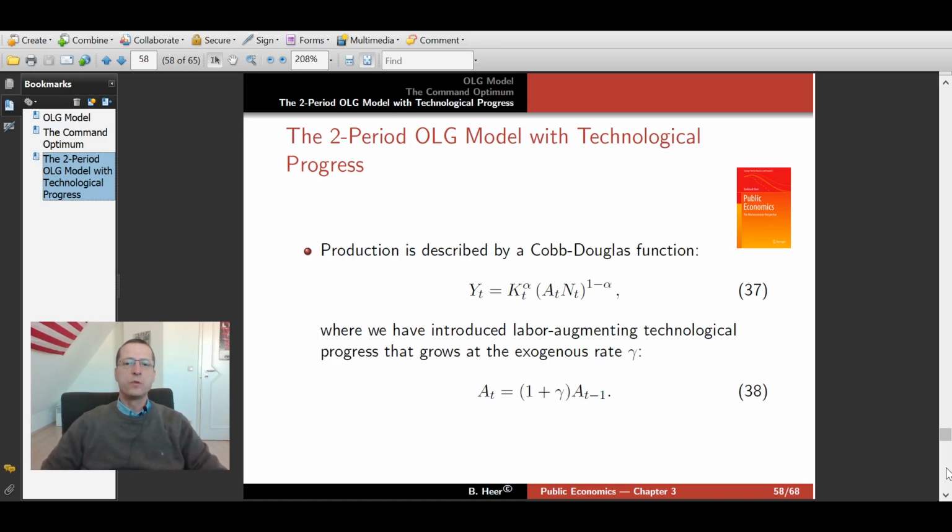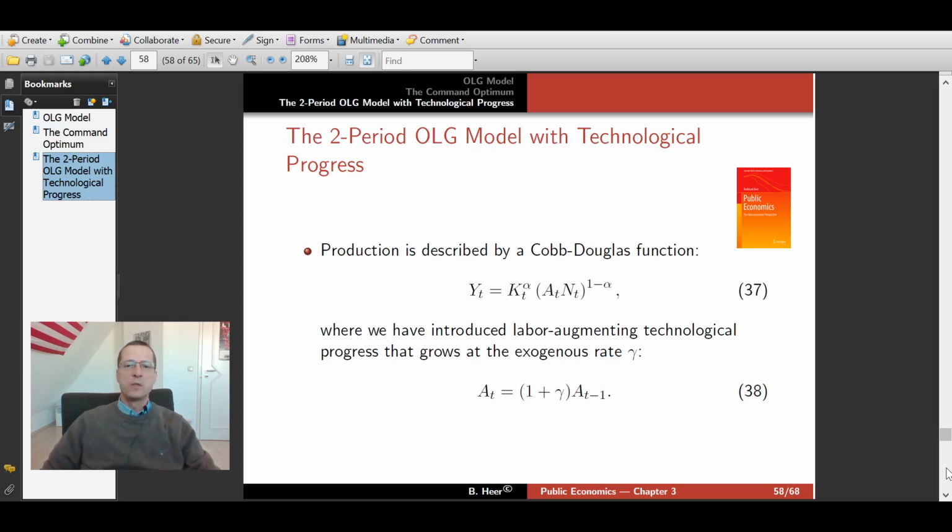Now we introduce exogenous technological progress, in the form of labor augmenting technological progress, so that our labor N_t is multiplied by the labor productivity A_t, which grows at the exogenous rate gamma as given in equation 38. For our Cobb-Douglas production function 37, it doesn't really matter if we introduce it as labor augmenting or as capital augmenting technological progress.